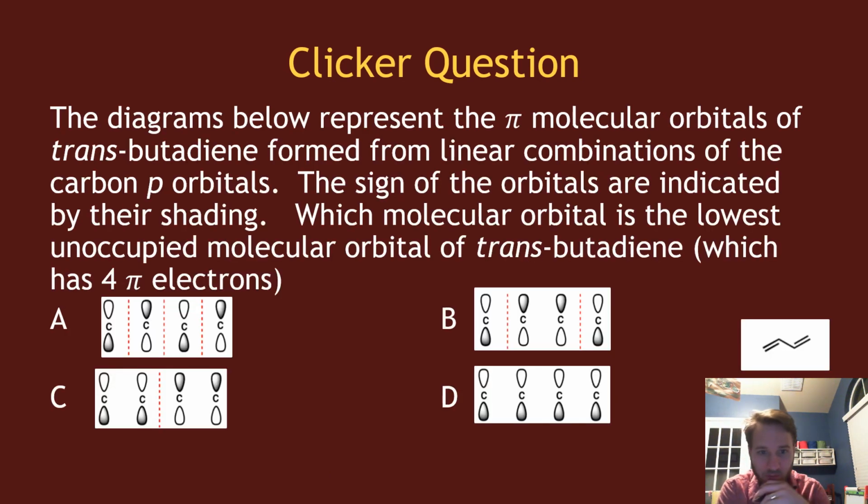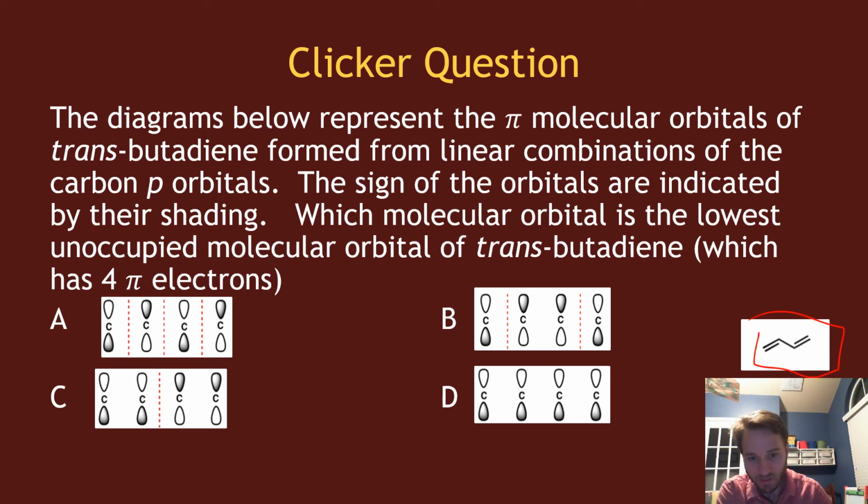And then finally here, I have a diagram for the pi orbitals for trans-butadiene. The shading is trying to indicate whether it's a plus or minus sign. And the question is, which molecular orbital is the lowest unoccupied orbital for this system? This is what trans-butadiene looks like in terms of Lewis dot structure.